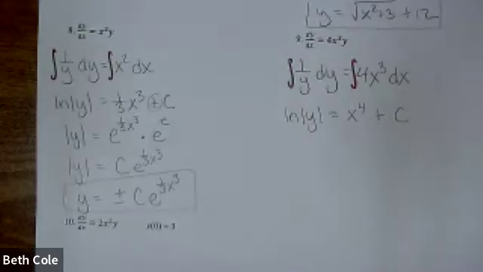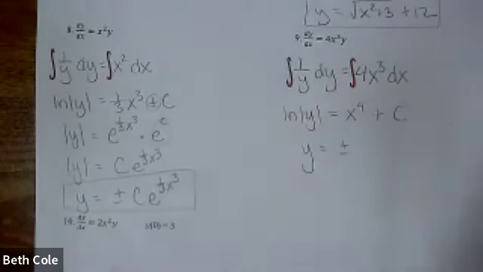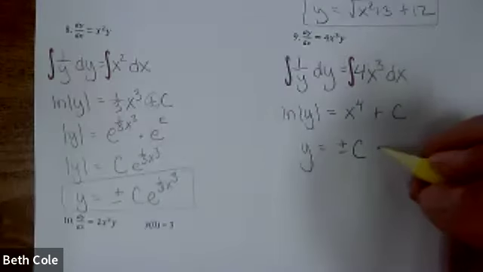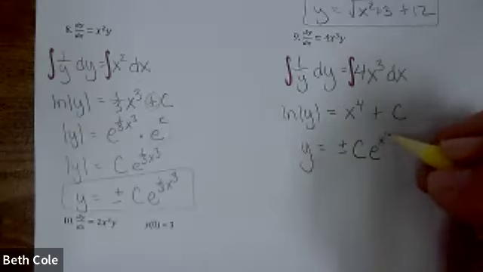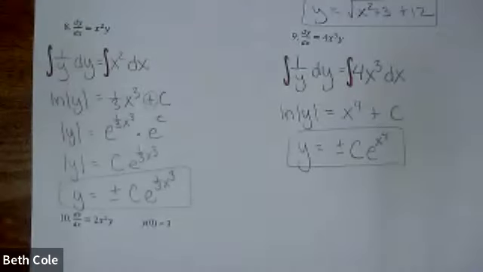To get rid of ln, we're going to e, or exponentiate, all right? So y equals plus minus, anyone want to give it a shot? C goes out front, e to the power x to the 4th. Good job.